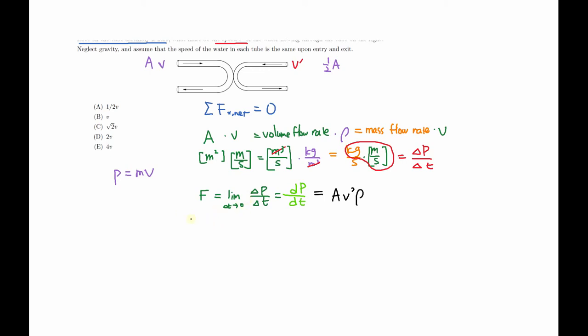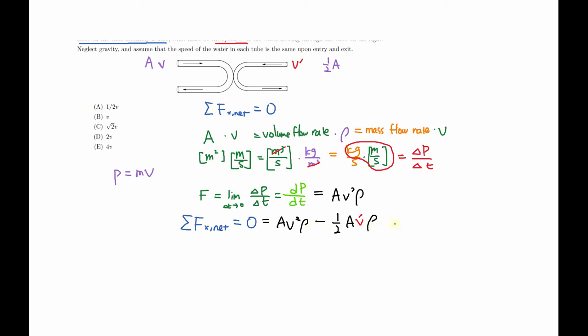So when I write down the net force in x, on the left side U-tube, we have A v squared rho minus, from the right side of the U-tube, 1/2 cross-sectional area, and then v prime and the rho. It's the same order, so they will cancel out.